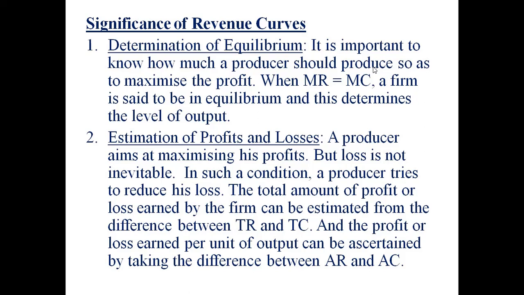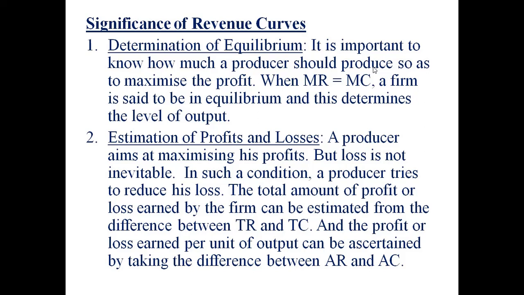We not only study the revenue curve but also the cost curve. It is very important from the point of view of a producer how much he or she should produce so as to maximize the profit, because the main objective of the firm is to maximize the profit.